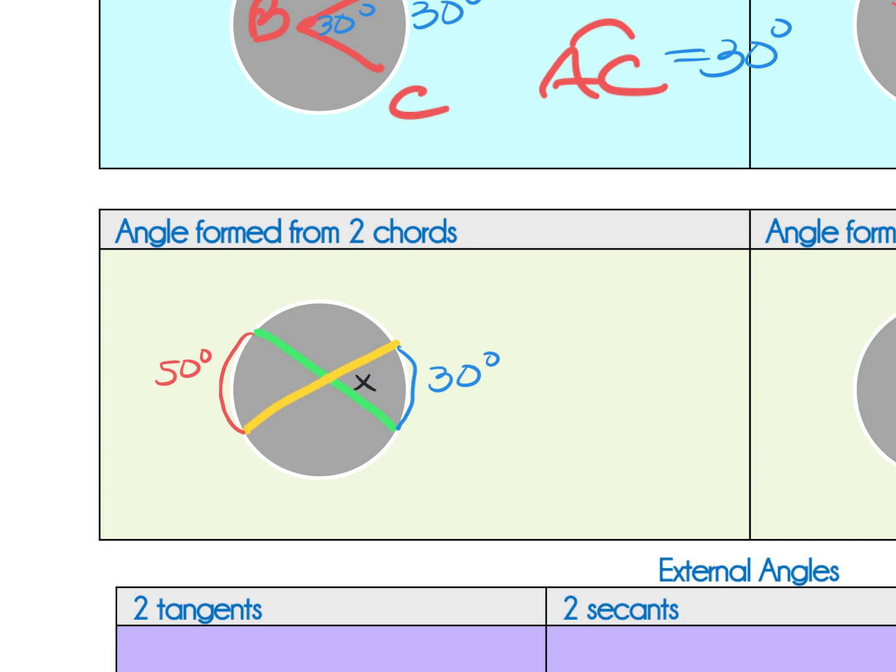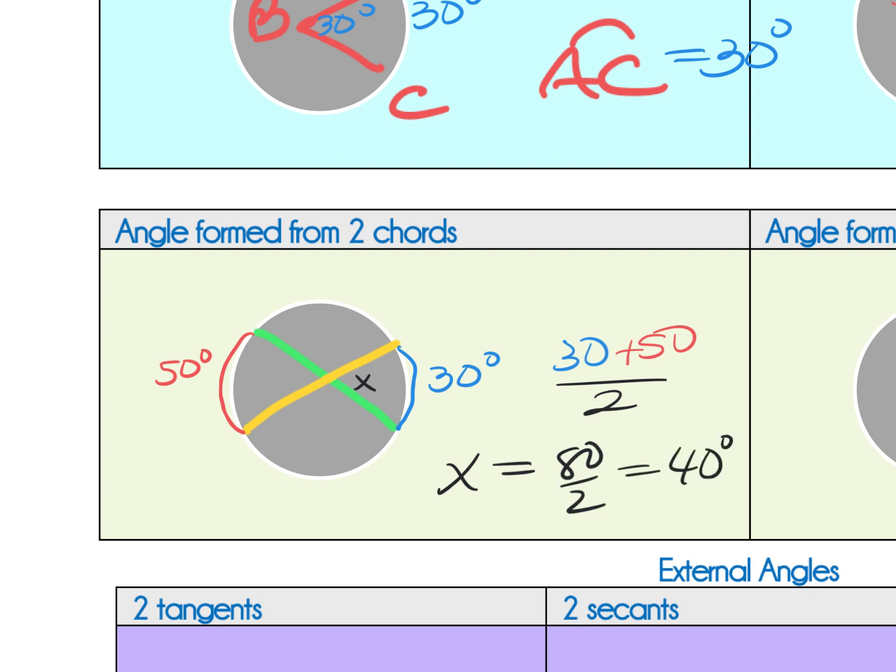Then I would just take the two arcs, add them, multiply by a half, or divide by 2. So X would equal 80 divided by 2, or 40 degrees.